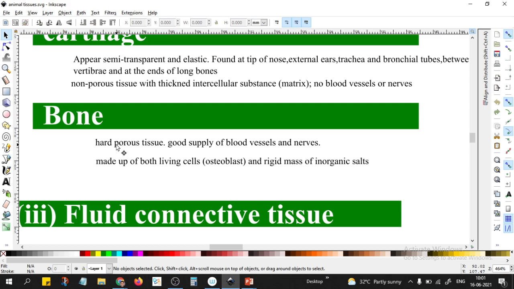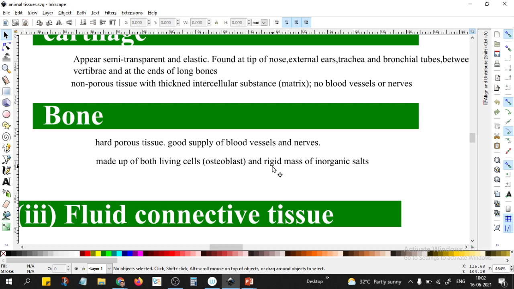Bone means we start with osteo. Osteoblasts are the living cells of the bone, and the calcium, phosphates, and all these things give strength to the bones. That is the inorganic salts.